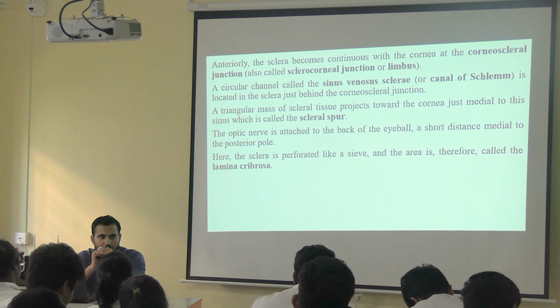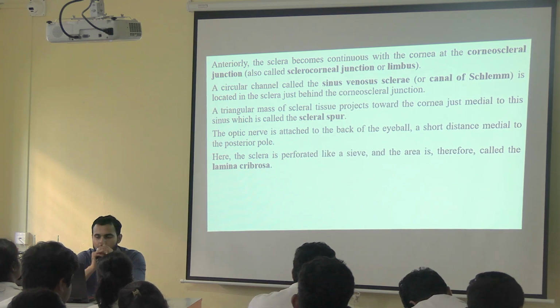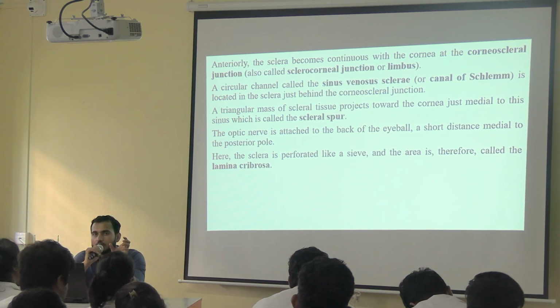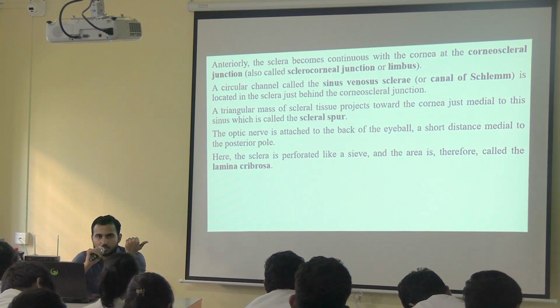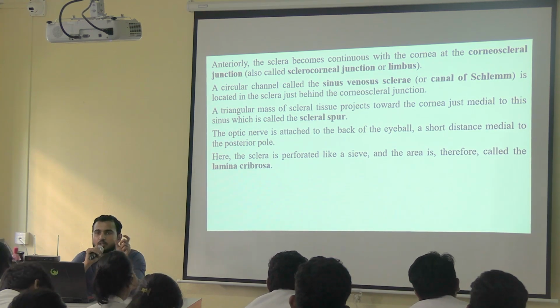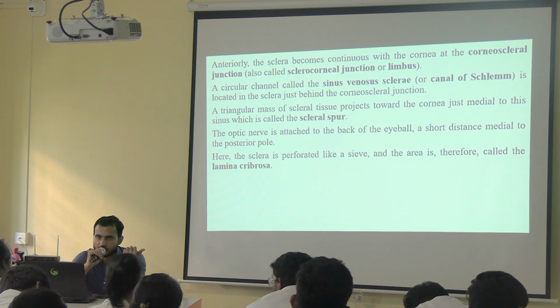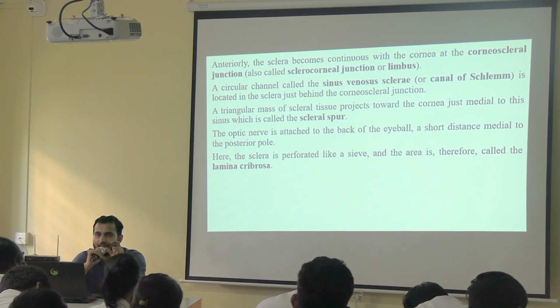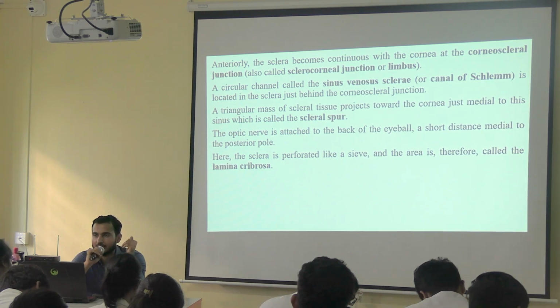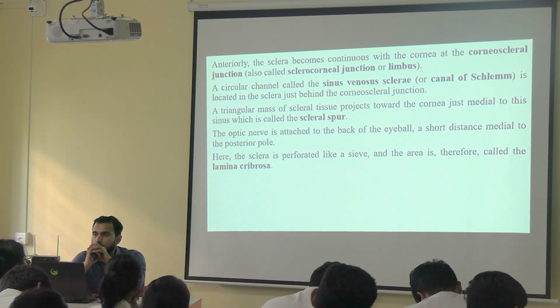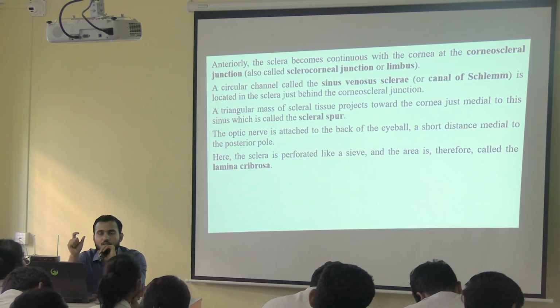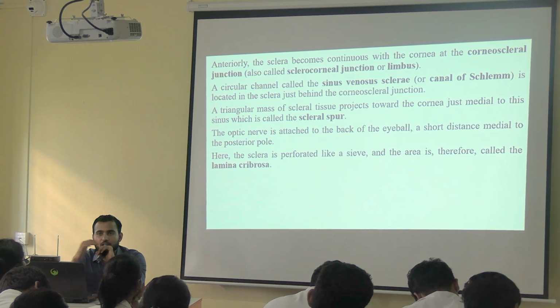Now, have you heard about this Canal of Schlemm? Anyone? No. So in the beginning, I showed you the anterior segment. In the anterior segment, the anterior chamber and posterior chamber are present. If you concentrate on the anterior chamber, at the iridocorneal angle, there is a small canal. Through this canal, the aqueous humor is draining.